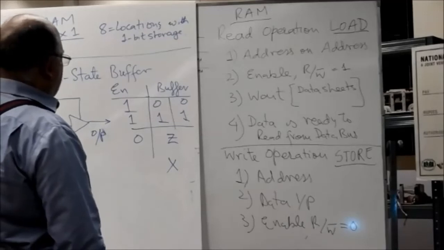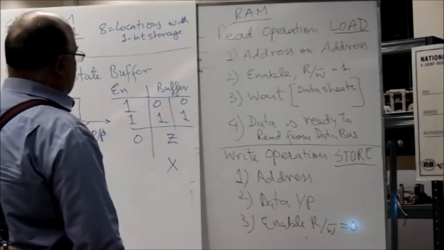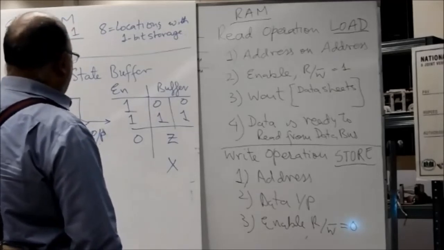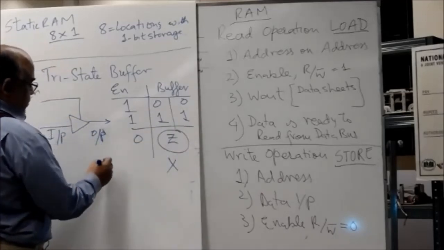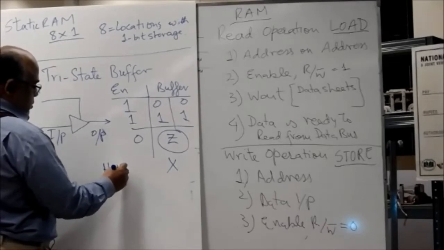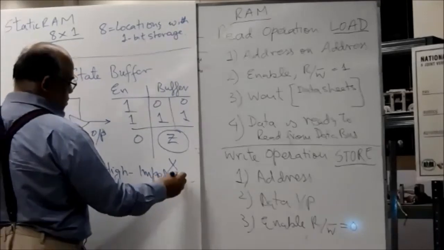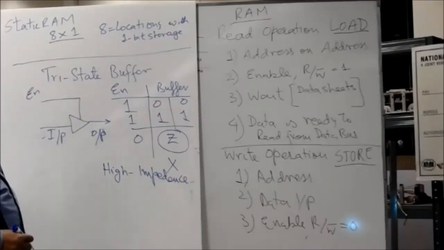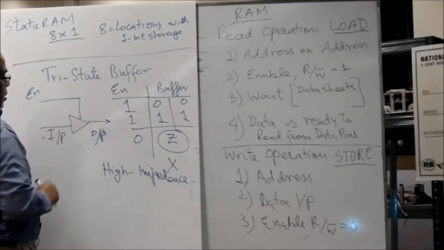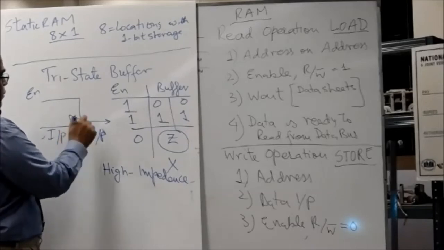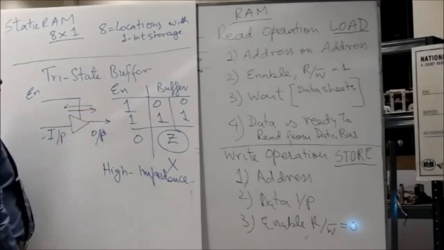So what is high impedance? High impedance means that this circuit goes into a very high impedance state, means no current can flow in this direction, no current can flow in this direction.